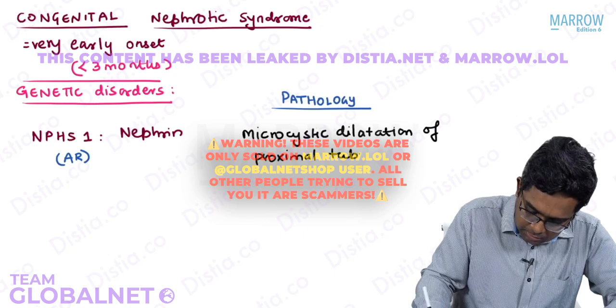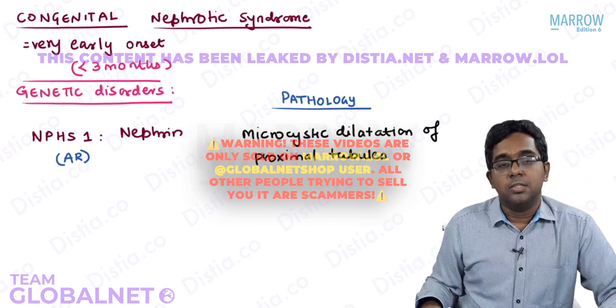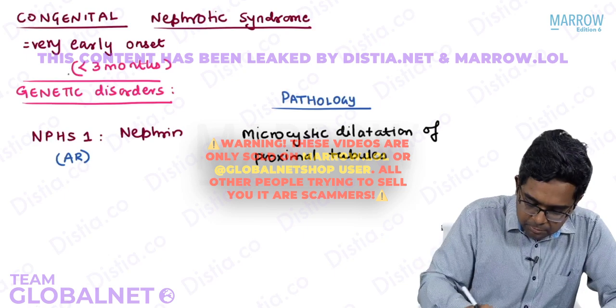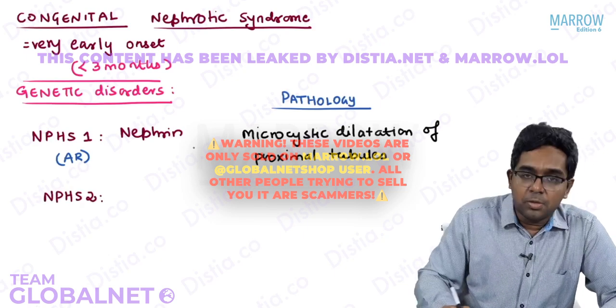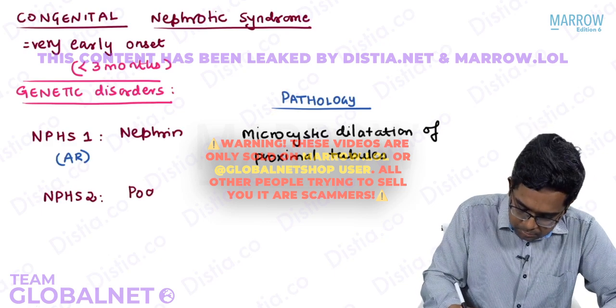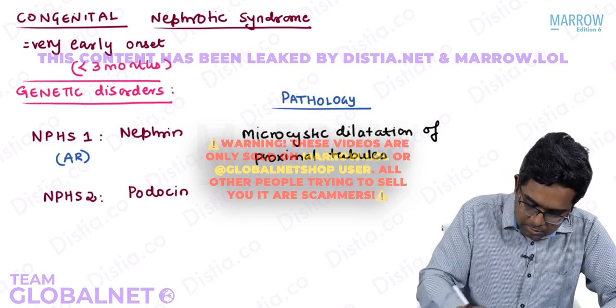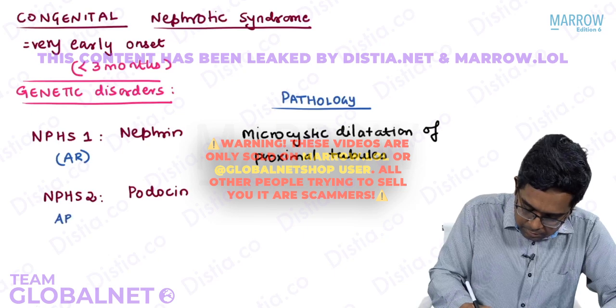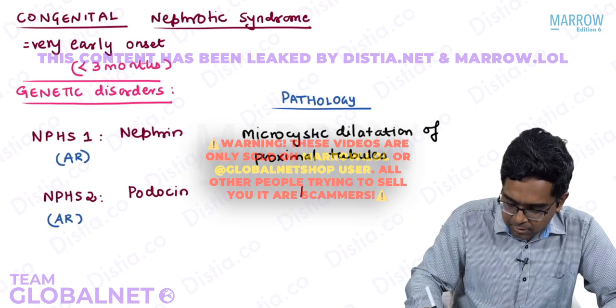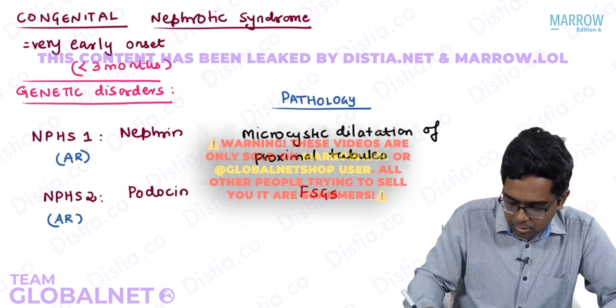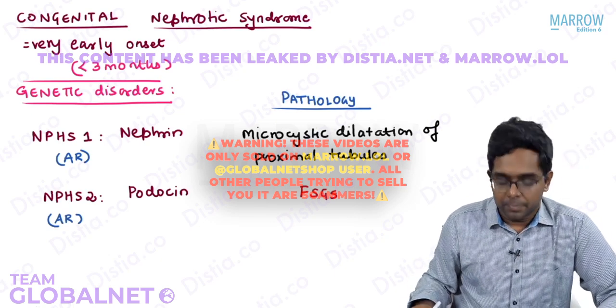That is the pathology in NPHS1 gene mutations. Second type of gene mutation is NPHS2, which codes for a protein called podocin. This is again autosomal recessive inheritance, and the pathology reveals FSGS, that is focal segmental glomerulosclerosis.